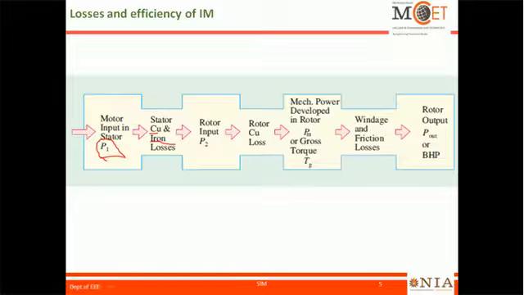In the rotor we have conductors or windings. If it is squirrel cage, we have conductor bars. If it is slip ring type, we have copper winding. So there will be a copper loss in the rotor side.